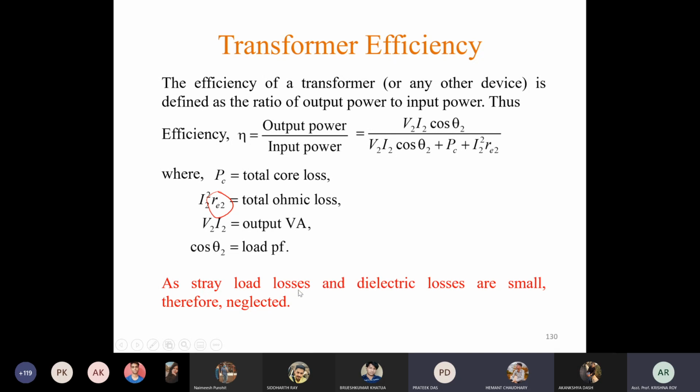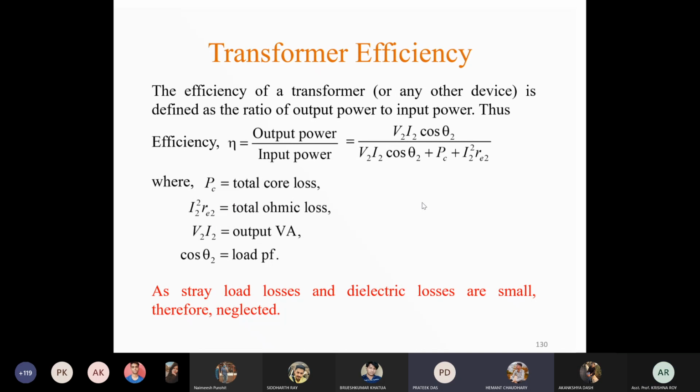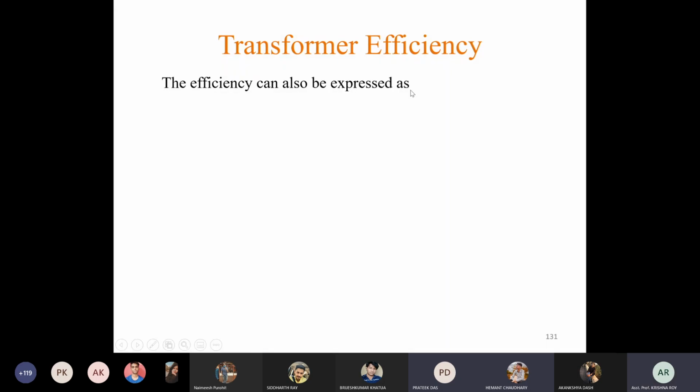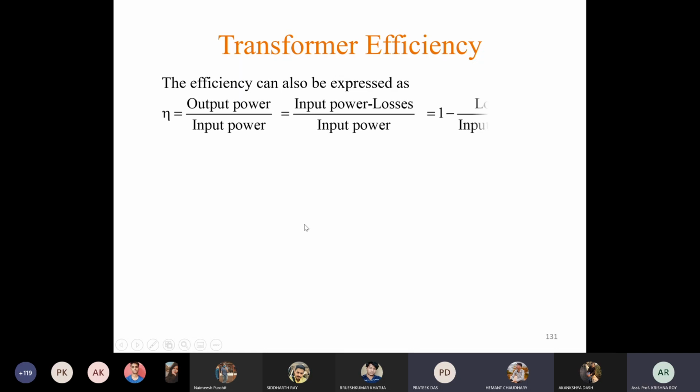As stray load losses and dielectric losses are small, they are neglected, as I have already mentioned. Now this efficiency can also be expressed using this formula, that is 1 minus losses by input power.